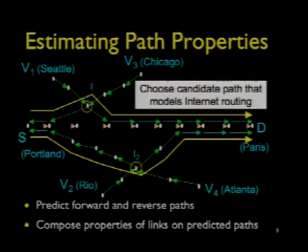We use such properties to infer the path between any source and any destination. To estimate the path properties between S and D, we use this technique to predict the forward path first, then predict the reverse path, and then compose the properties of the links on these predicted paths to infer end-to-end latency, loss rate, and bandwidth.